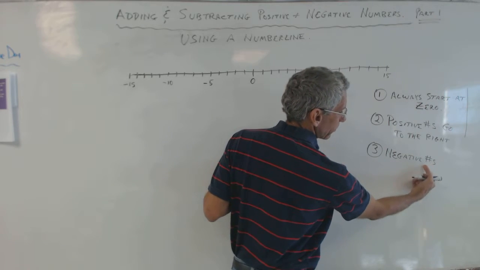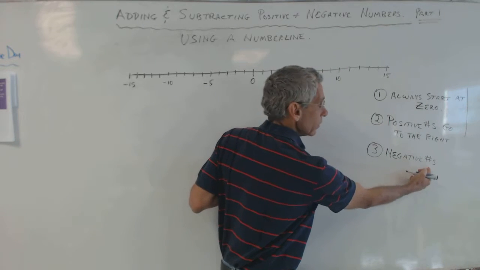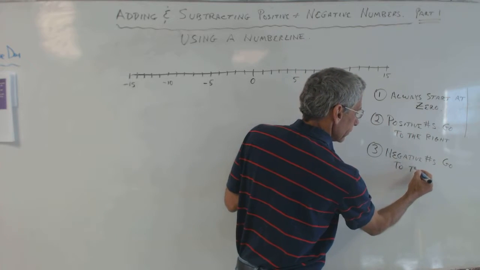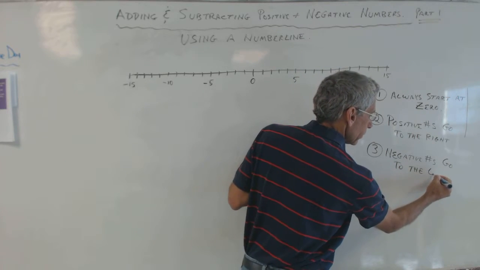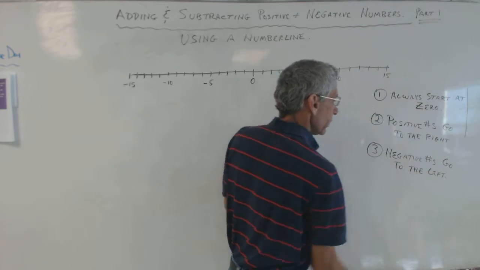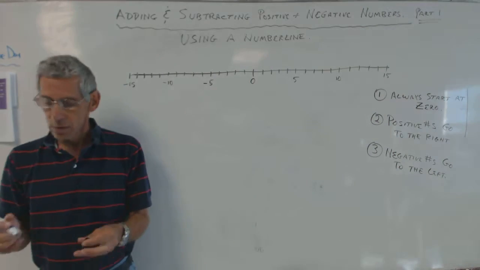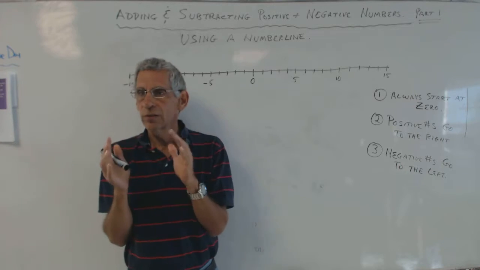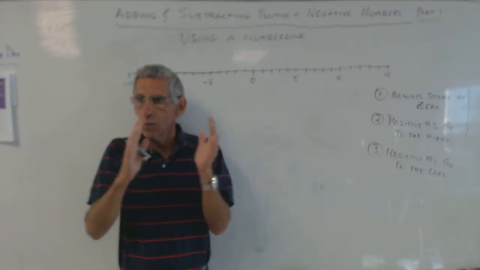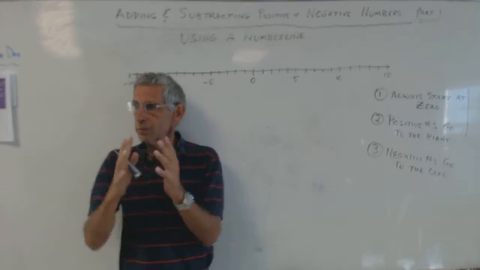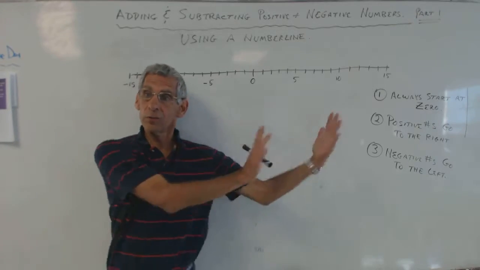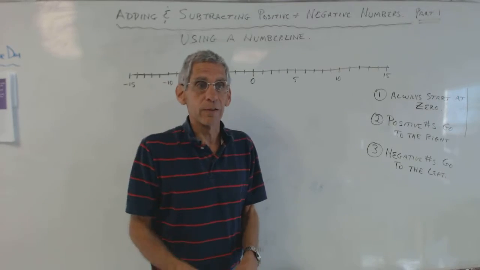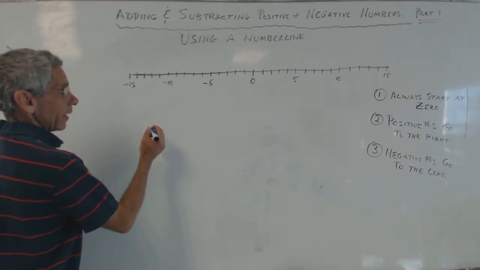Is that okay if I use that abbreviation for numbers? That's all you need to solve these. It's like a GPS or something. You're going this way, then this way, depending on what the problem is.